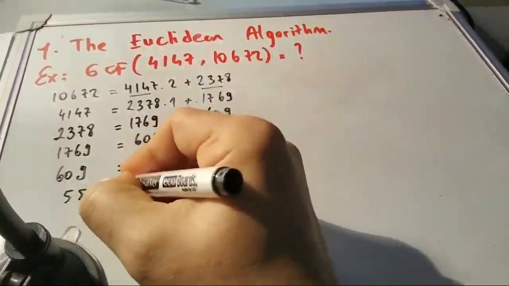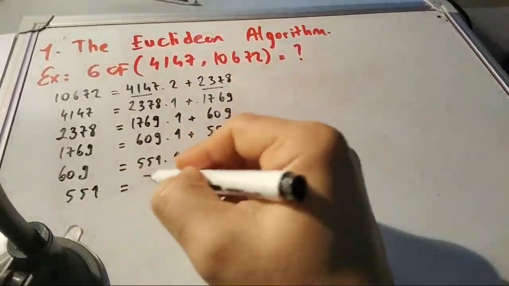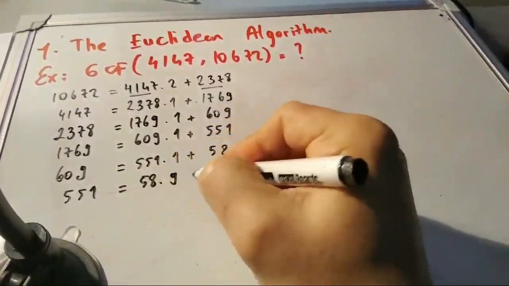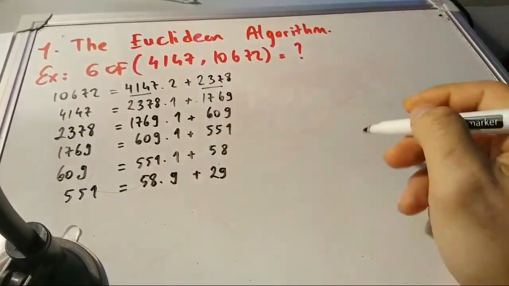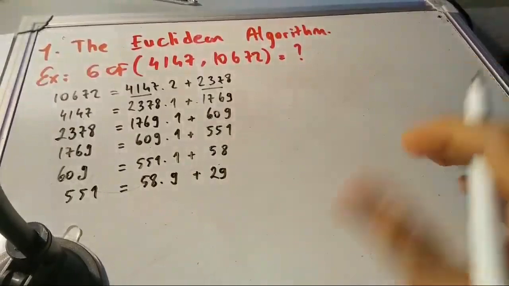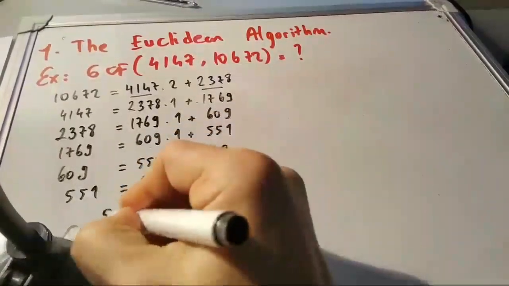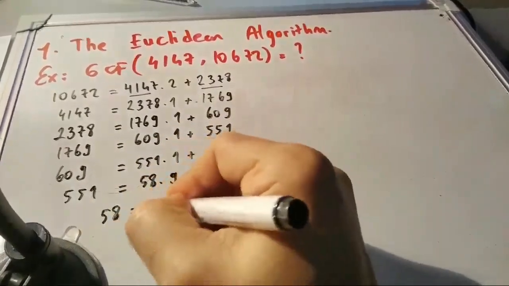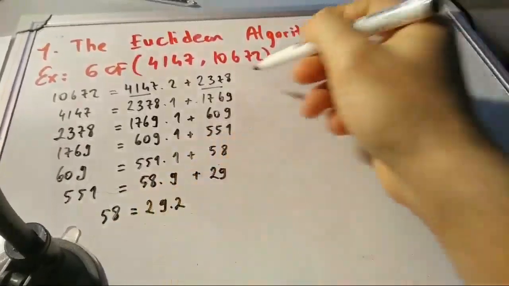So 551 is equal to 58 times 9 plus 29. On the final part, 58 is equal to 29 times 2.